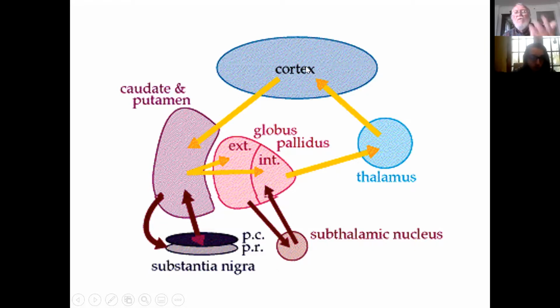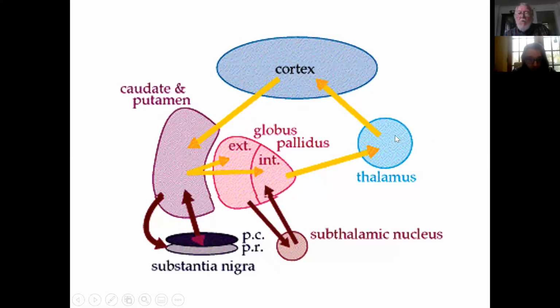So we can refer to this, depending on whatever vantage point you're looking at from, as a cortico-striato-thalamic circuit, a striato-thalamo-cortical circuit, or a thalamo-cortico-striatal circuit.